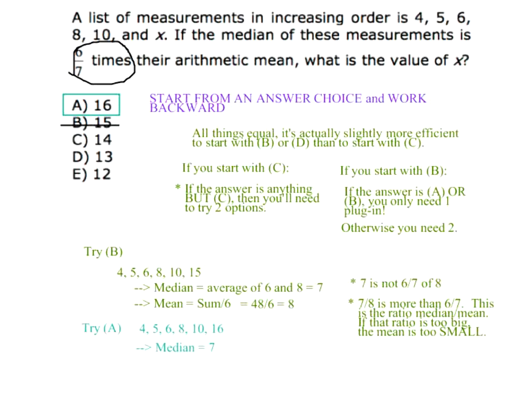And your mean is, the sum is 1 more, so now it's 49 over 6. If you want to make a common denominator to compare these two, 7 is 42/6. And indeed, 42 is 6/7 of 49. Likewise, 42/6 is 6/7 of 49/6. So the median is 6/7 of the mean. So there's your answer.